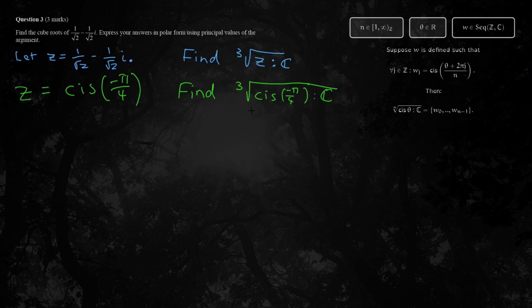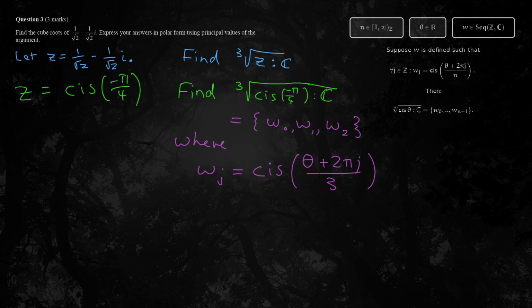And according to this theorem, this thing we're trying to find equals w0, w1, w2, where wj equals, and we use this formula. This n is going to become a 3 because we're taking a cube root. Nothing else really changes, so we can basically just copy it. Wj equals cis of theta plus 2 pi j over 3.